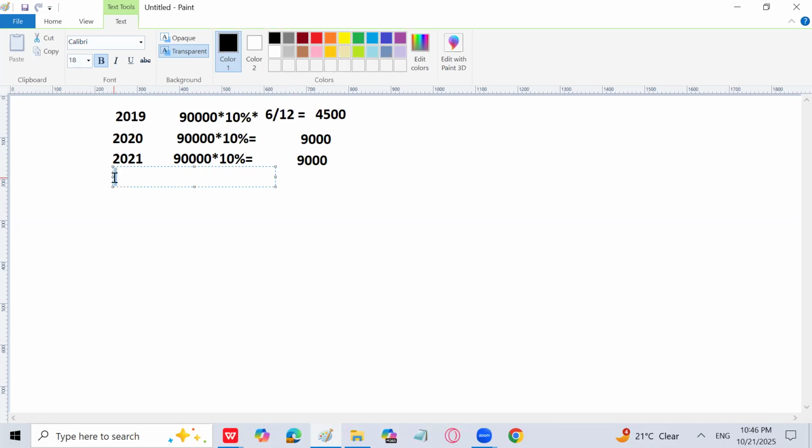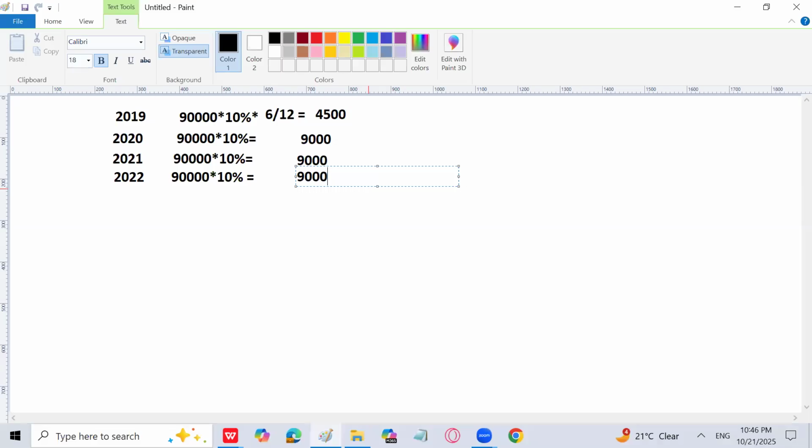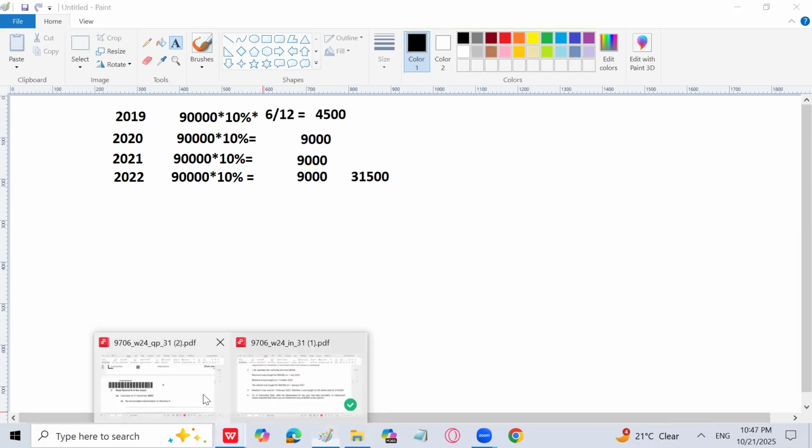And in 2022 we depreciate it again because the straight line method is used, at 10% on cost, which is again 9,000. So the total depreciation to date on machine A is going to be 31,500.